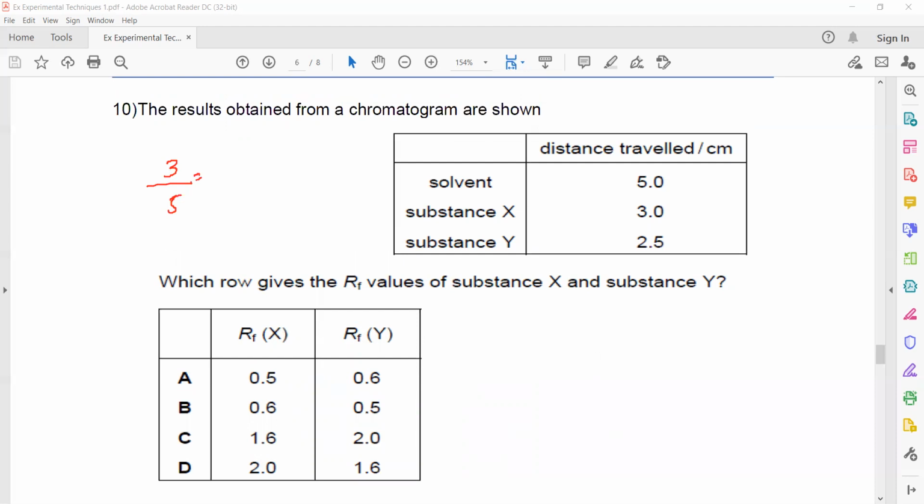So 3 divided by 5 comes out as 0.6. That is for X, and for Y the distance moved is 2.5, divided by the distance moved by the solvent, so 2.5 divided by 5 is 0.5. So B is the right answer for this.